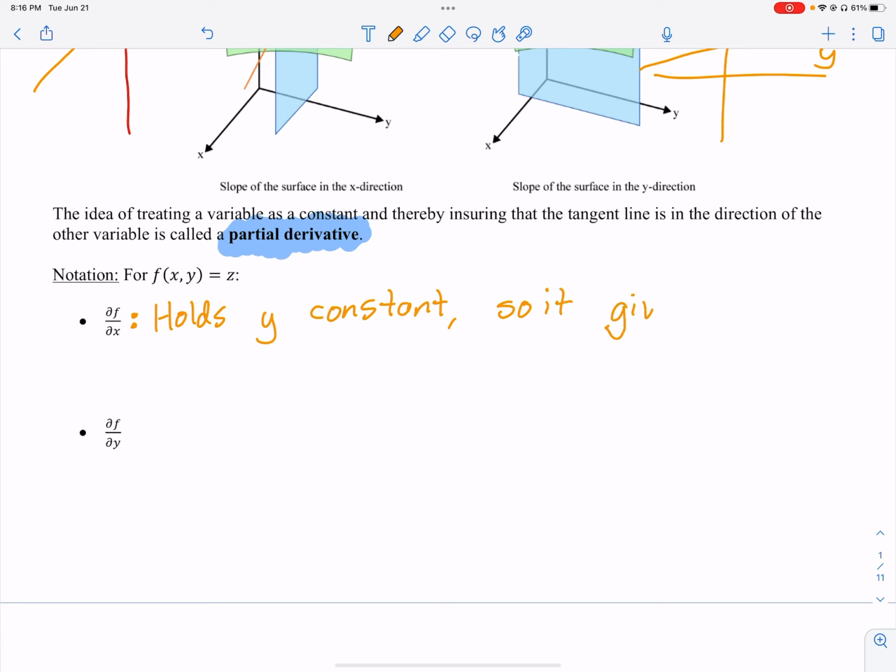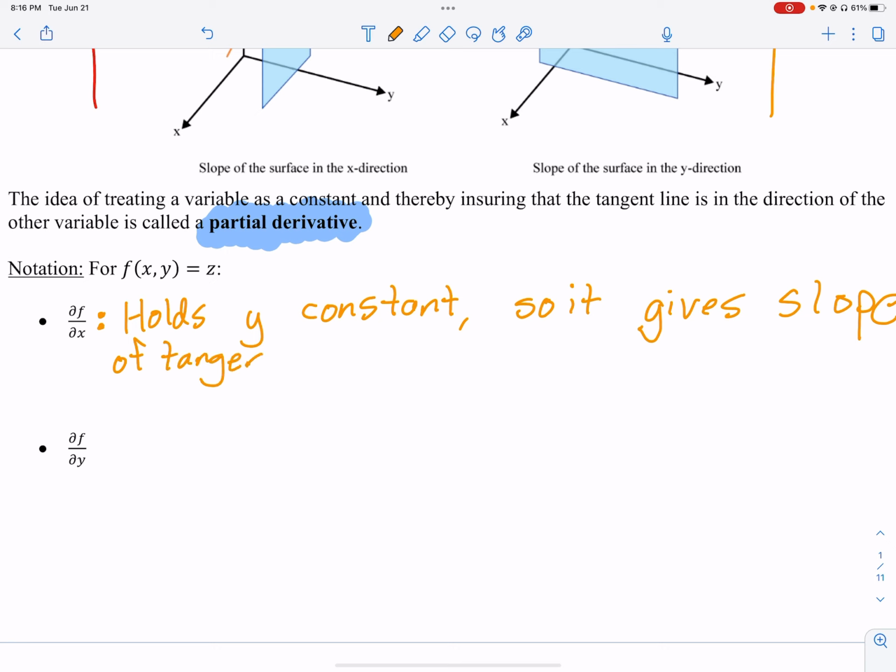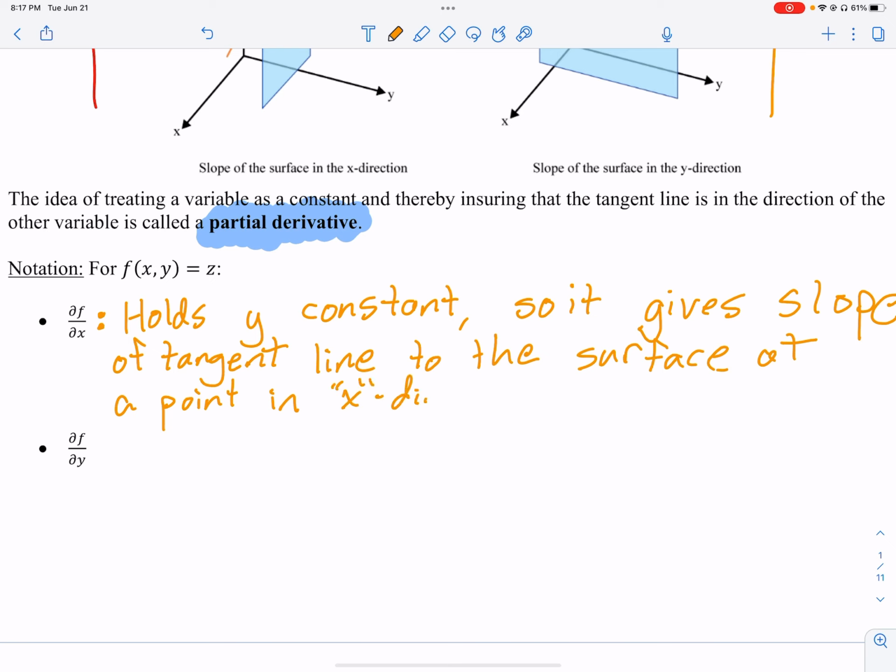It gives the slope of the tangent line to the surface at a point in the x direction with respect to x. That's what that means, with respect to x.